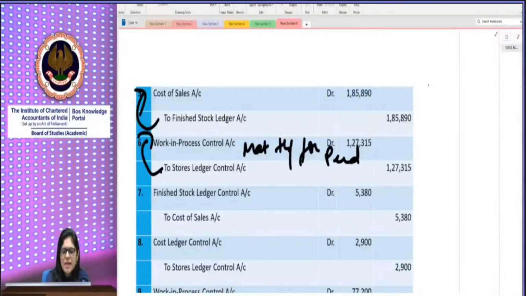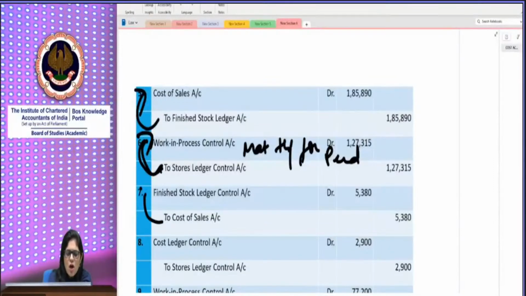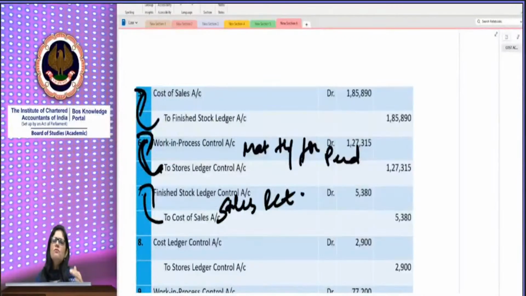It's a transfer entry from stores ledger, going to WIP. Anything relating to production will directly go to WIP. Here, finished goods to cost of sales, returns at cost, sales returns. It will again go to finished goods stock. Clear? So from cost of sales, it's going to finished goods because it's sales returns.